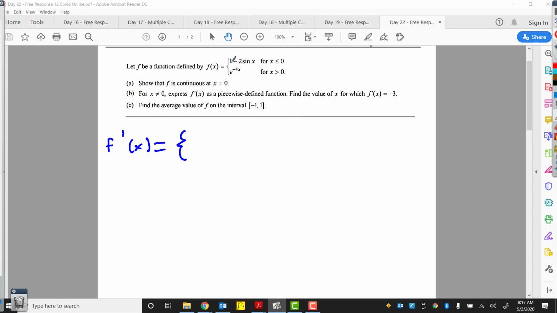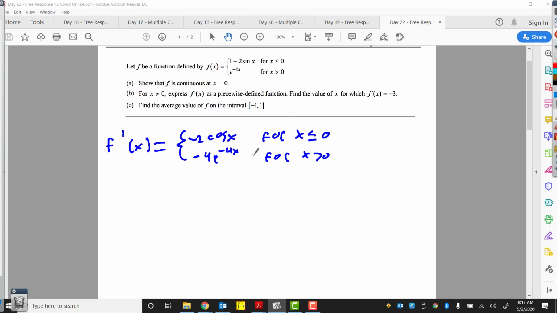The first one gives us negative 2 cosine x for x less than or equal to 0. And then negative 4 e to the negative 4x for x greater than 0.